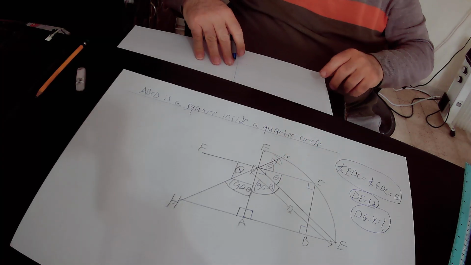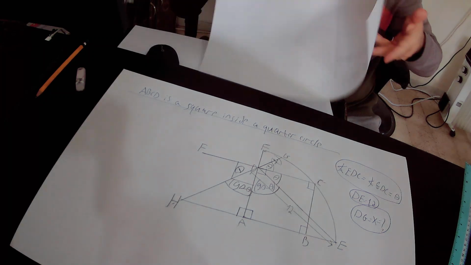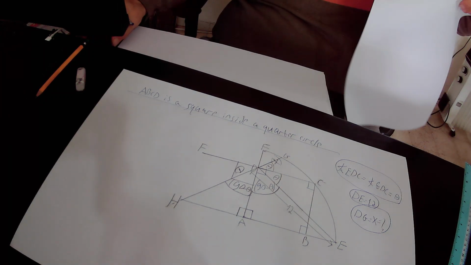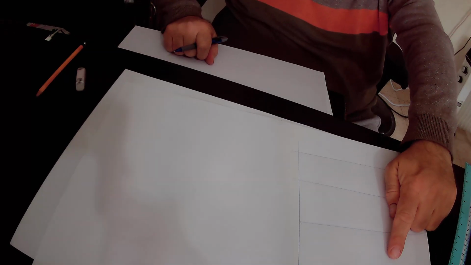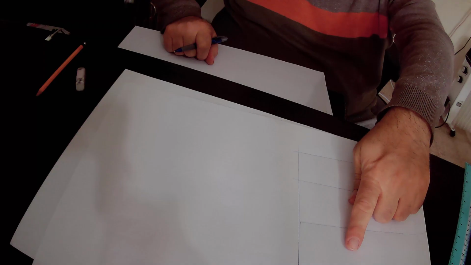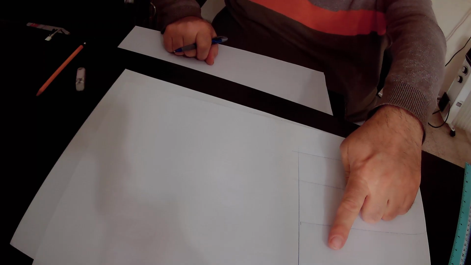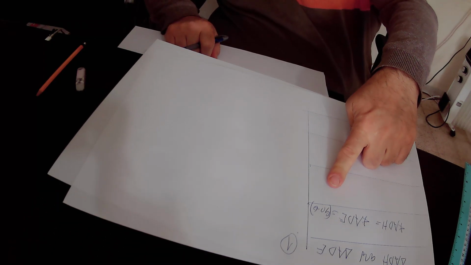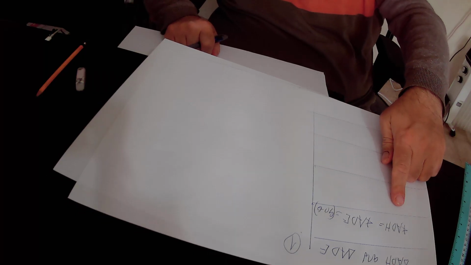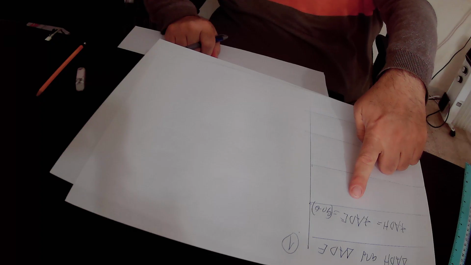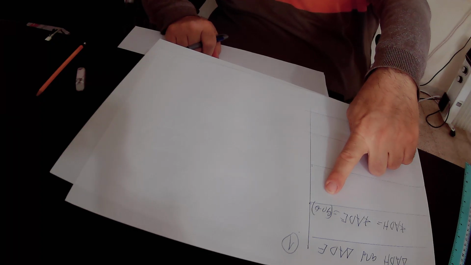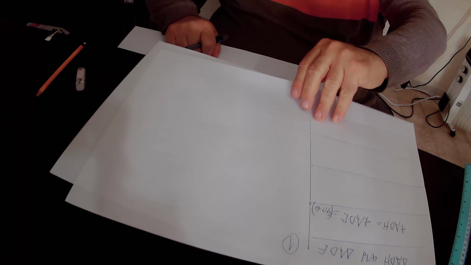So repeat again, angle ADH in the right triangle ADH equals angle ADE in the right triangle ADE. They are both equal to 90 degrees minus theta, therefore they are equal to each other.